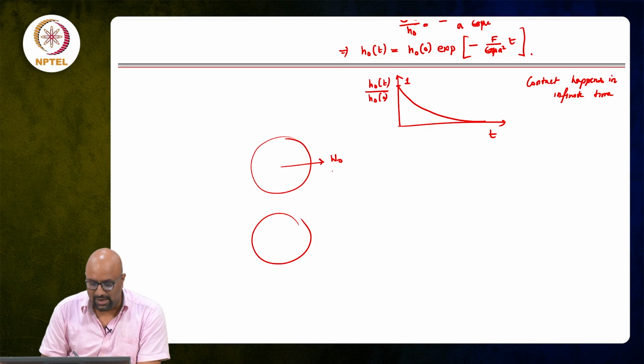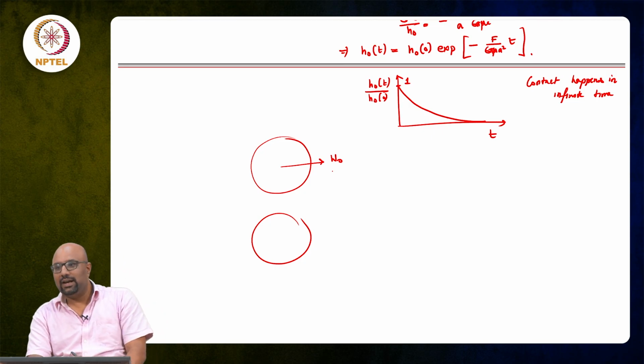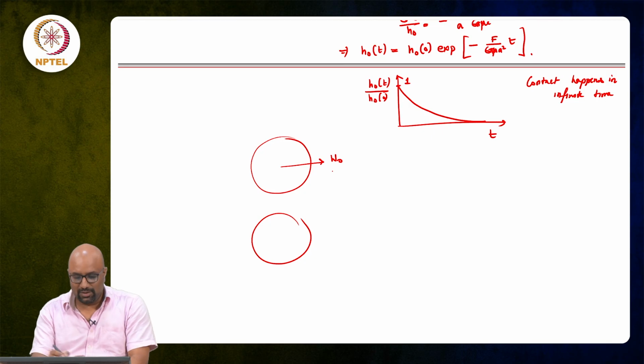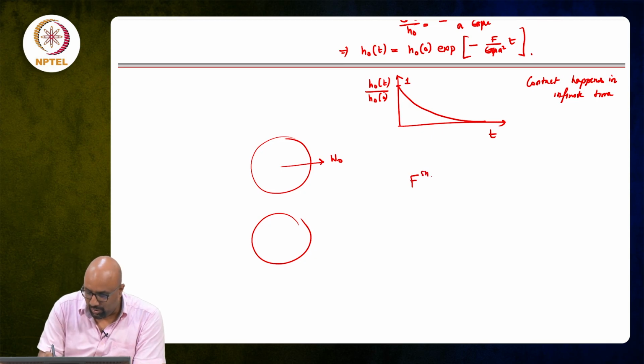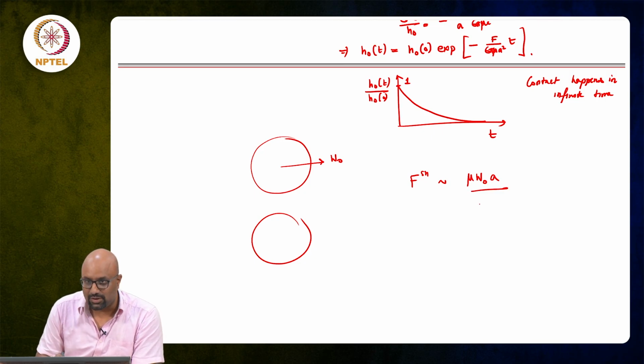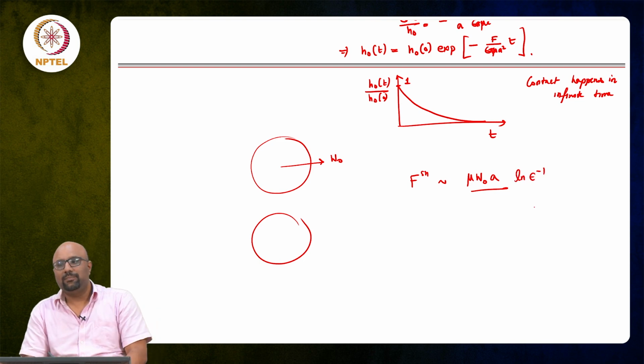You assume the same kind of scale separation in the radial and axial direction, but I am going to write down what would be your scale for your force. That would be mu W naught A. This did not require you to know anything. This is the scale for the force in the problem, but the divergence is actually weaker.